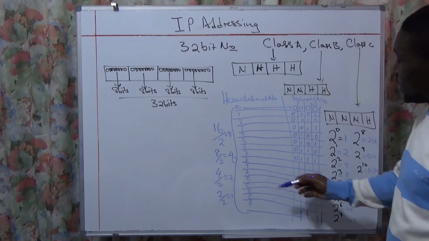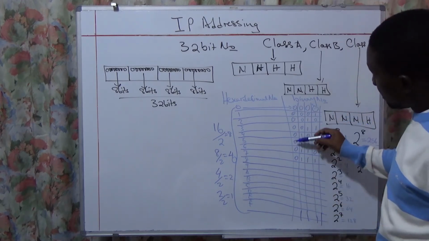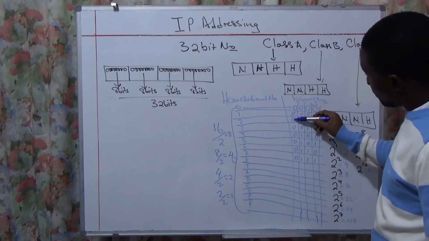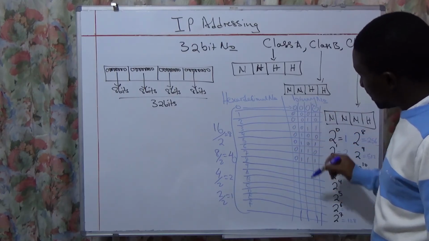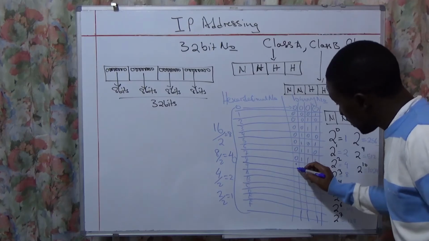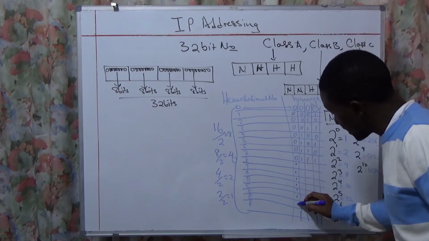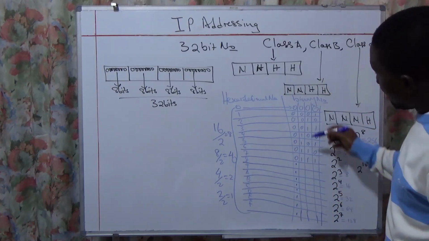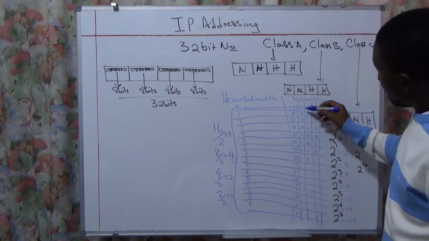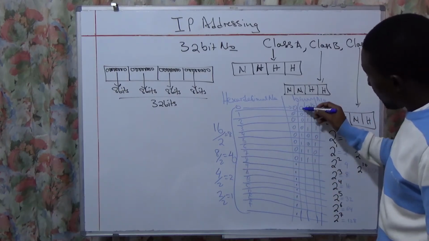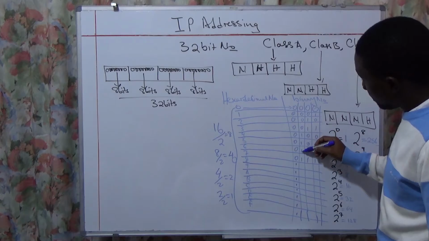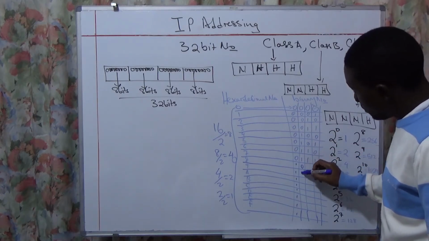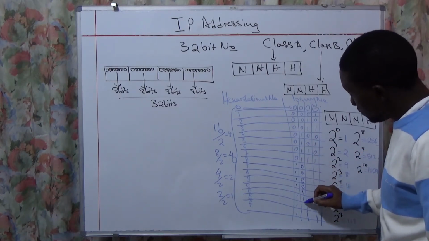Here, we said it will be 8 zeros and 8 ones. So 1, 2, 3, 4, 5, 6, 7, 8. So 8 ones. 1, 2, 3, 4, 5, 6, 7, 8. And here we said it will be 4 zeros, 4 ones. So 1, 2, 3, 4, 1, 2, 3, 4.